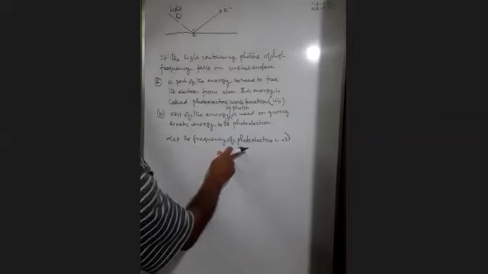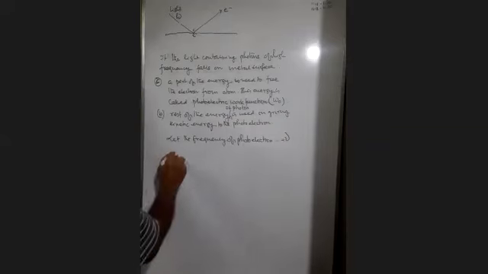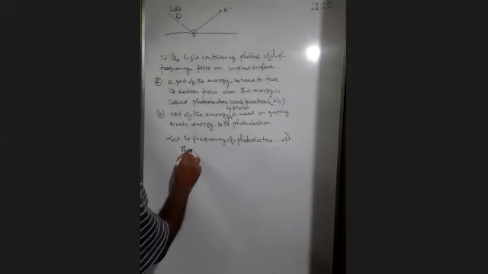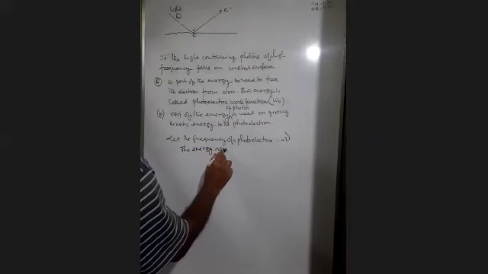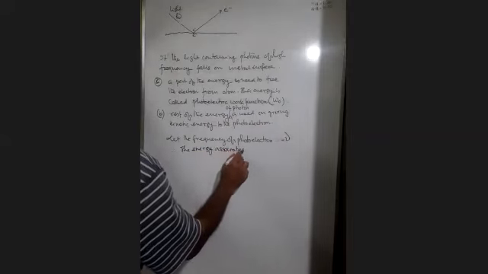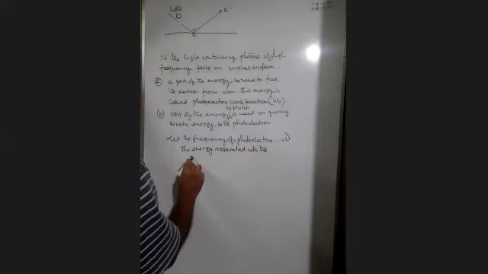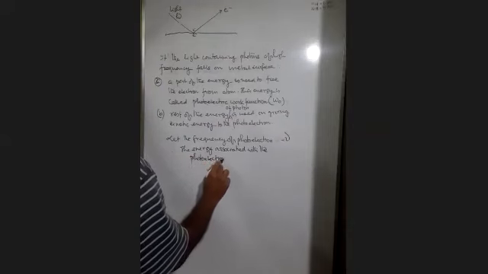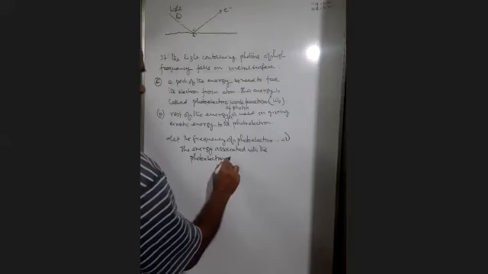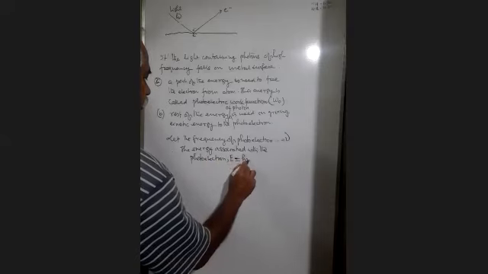So let me write here: let the frequency of the photoelectron equal nu. Therefore, the energy associated with the photon, say E, will be equal to what? We know it will be equal to h nu.